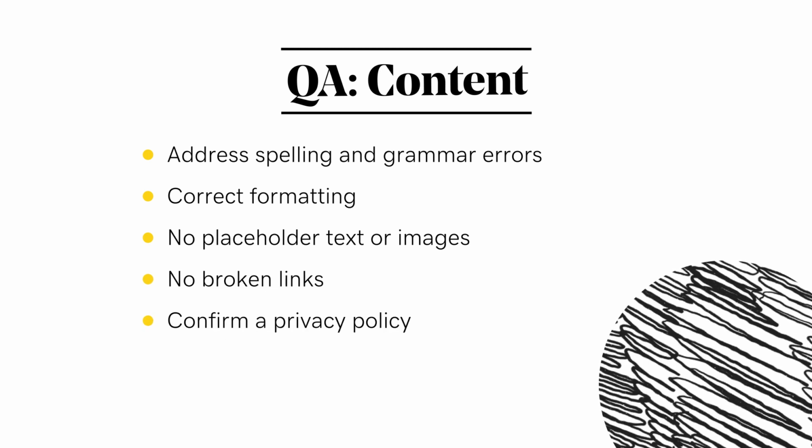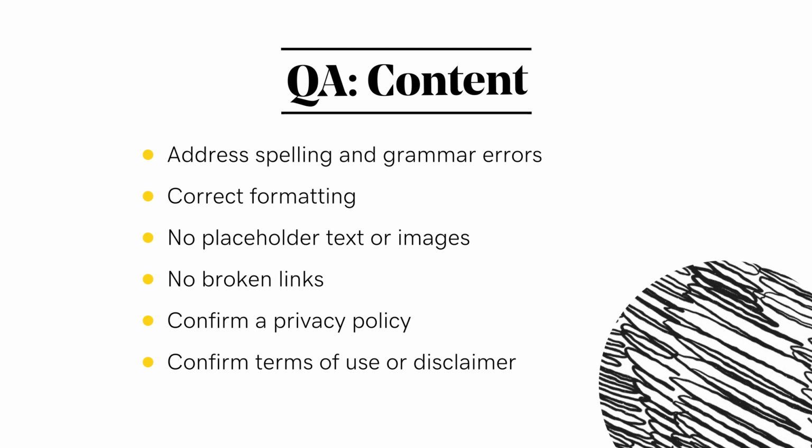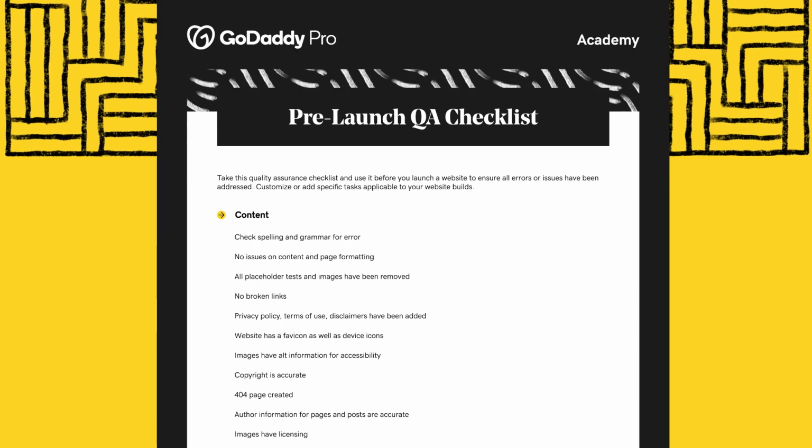Confirm a privacy policy, terms of use, or disclaimer if needed, as well as a 404 page for errors. Content QA testing can also include ensuring your images have all the information and other key markers for accessibility. View the resources for more items in the Content QA checklist and add to it other tasks specific to your website builds.